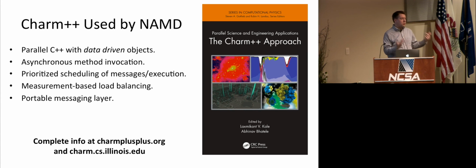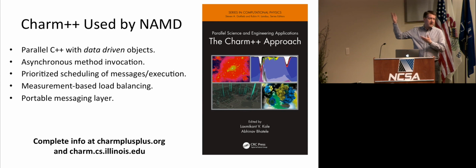Since NAMD is an older Charm++ application, we don't use all of the latest bells and whistles, latest meaning like this millennium in some cases. But we do view it as parallel Charm++ with data-driven objects. We benefit strongly from the asynchronous method invocation, the prioritized scheduling, the measurement-based load balancing, and finally, a portable messaging layer so we don't have to build on top of whatever MPI library happens to be available on the machine.